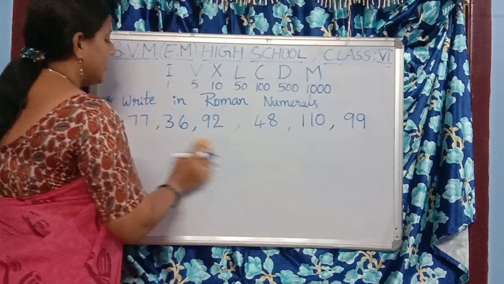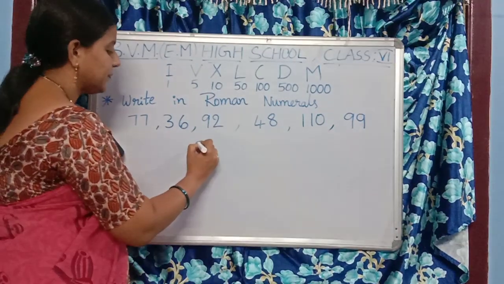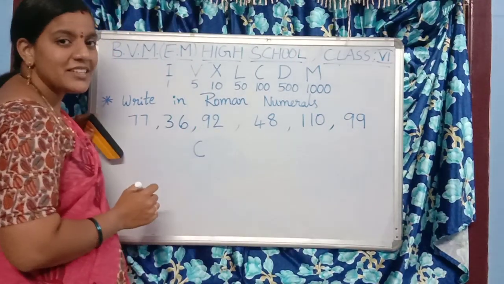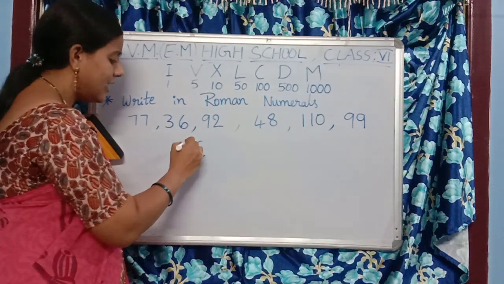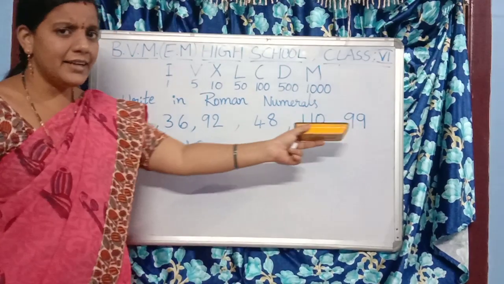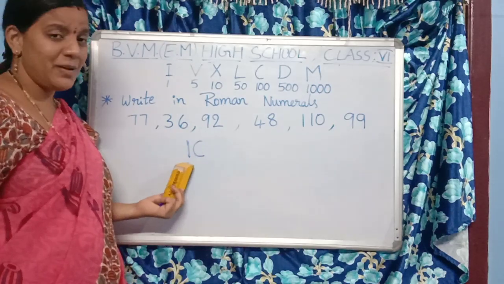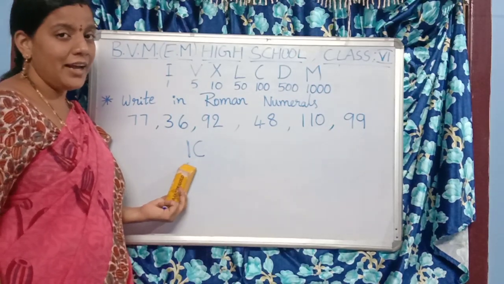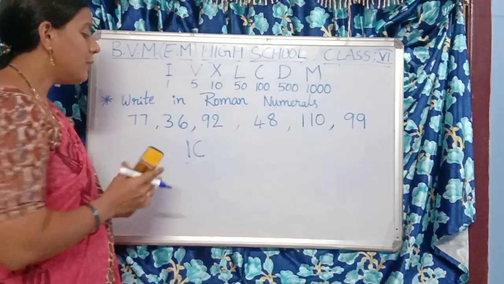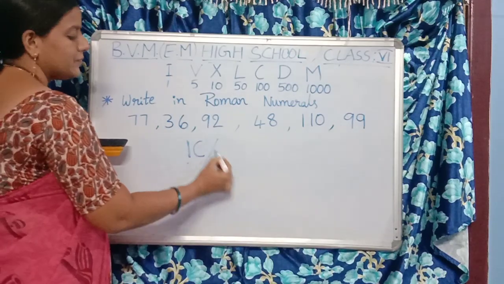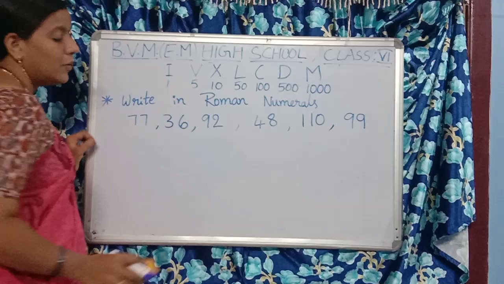Next, 99. Some of you write this one like this. C represents 100, 100 minus 1, IC represents 99. Is it correct? If it is placed before, on the left side of the C, the I is subtracted, 1. That is your mistake, but this is wrong. Look, we have the rules.